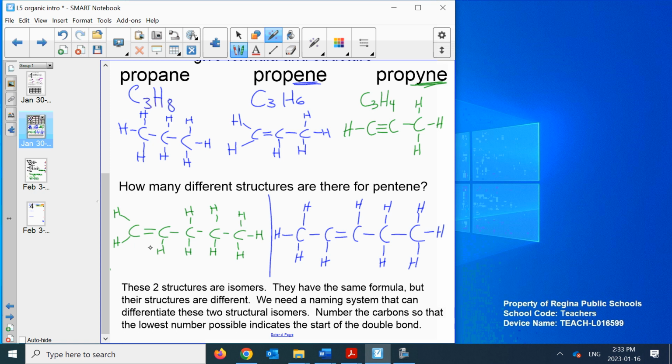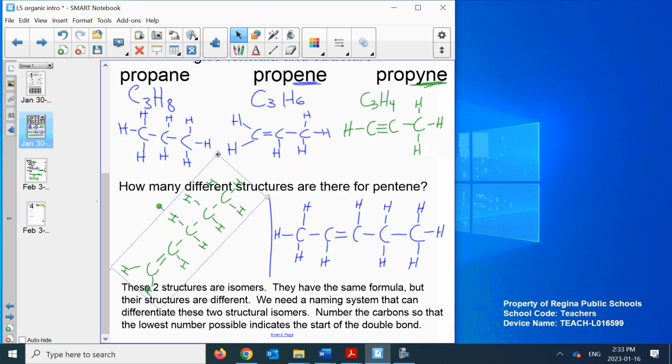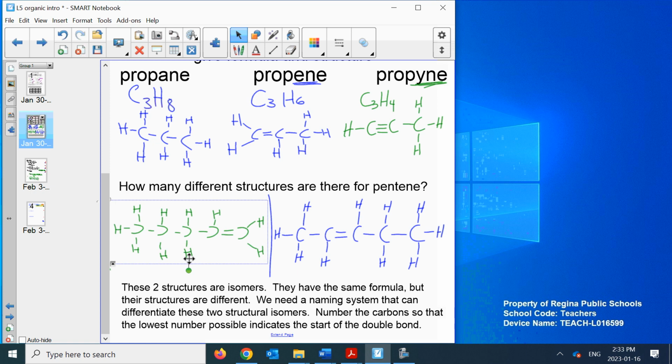In that case, not always. Exactly, and just to confirm what you just said in this group: if you had this, it would make sense to number it from right to left, because your first carbon is your double bond.